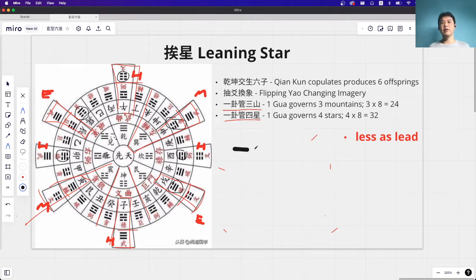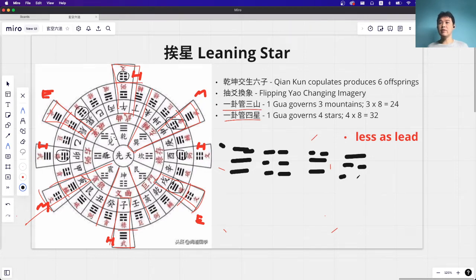Let's say for example, you flip Chen Kun. You flip the first yao and you get Dui Gen. Then you use Dui Gen, take this out of the picture, and take this as focus.